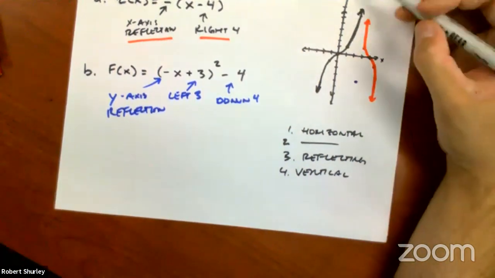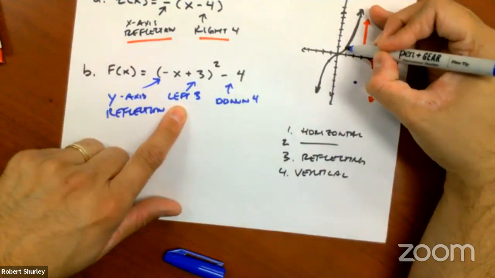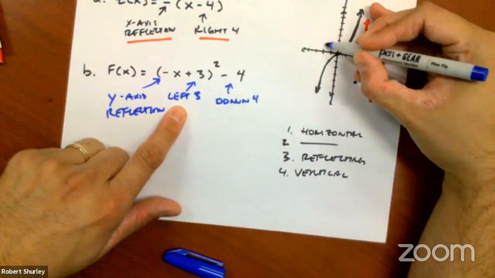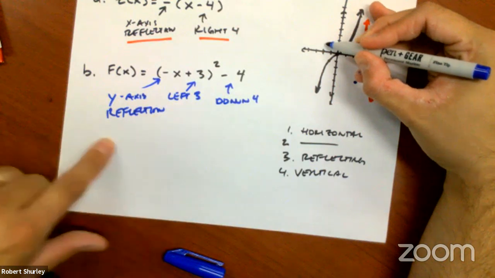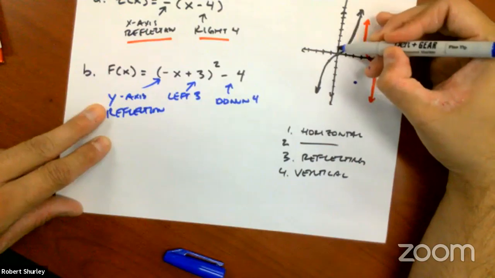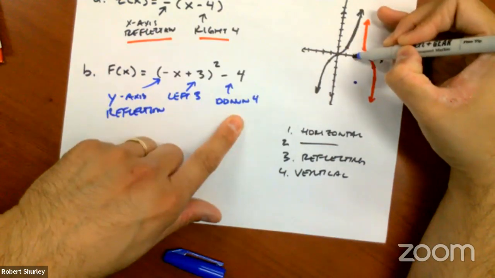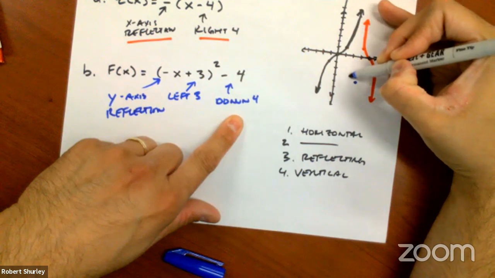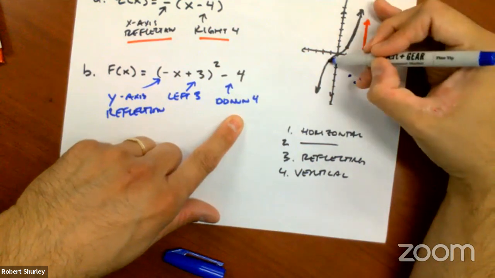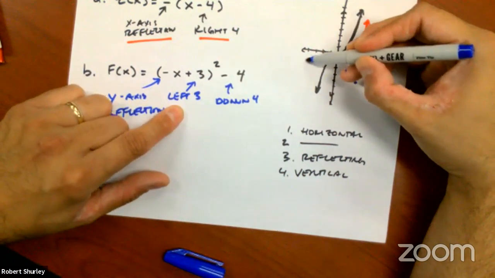That's a lot. Okay, so let's look at this coordinate right here. Same thing. I've got to go to the left 3, 1, 2, 3. But then I go around the y-axis. So I'm left 2 of the y-axis, so I'm going to be right 2 of the y-axis. And then I go down 4, 1, 2, 3, 4. And then here, I've got to go left 3, 1, 2, 3.